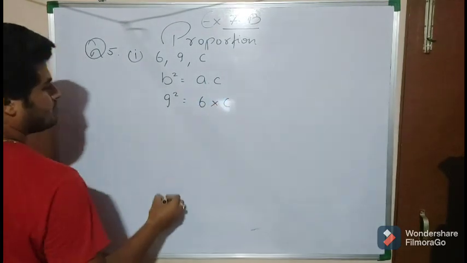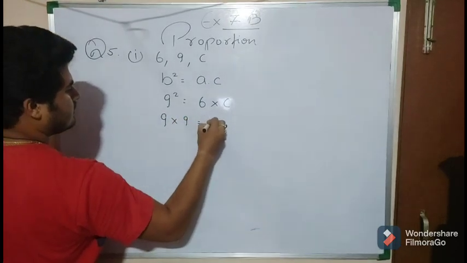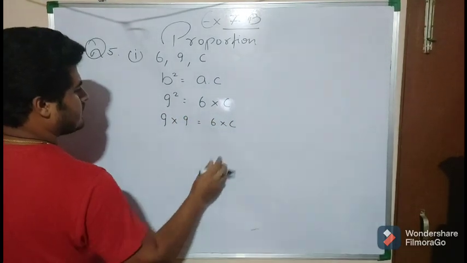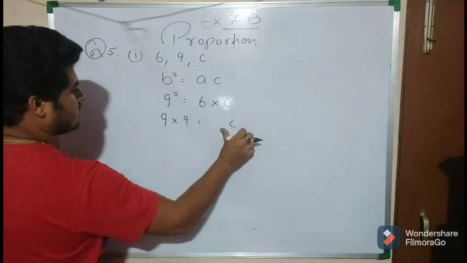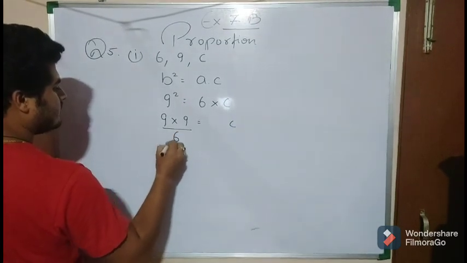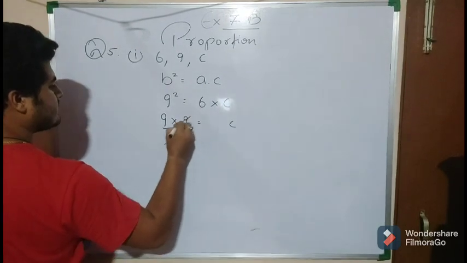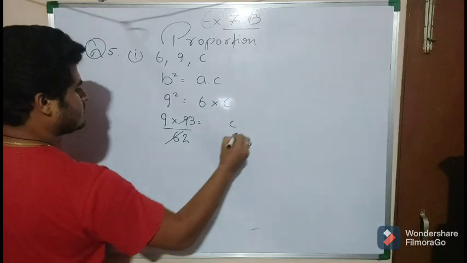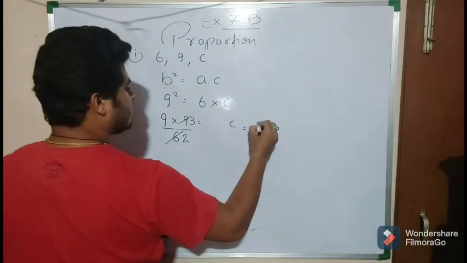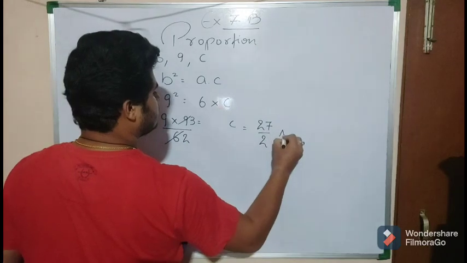So 9 into 9 is equal to 6 into C. 6 taken to the left hand side, cancelled by 3: 3 2s are 6, 3 3s are 9. So C will be 9 3s are 27 upon 2.